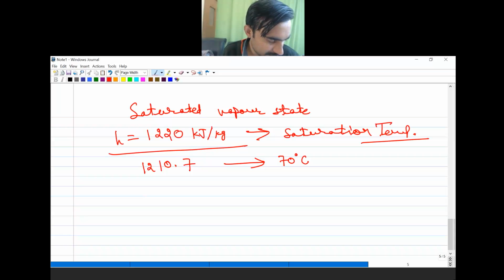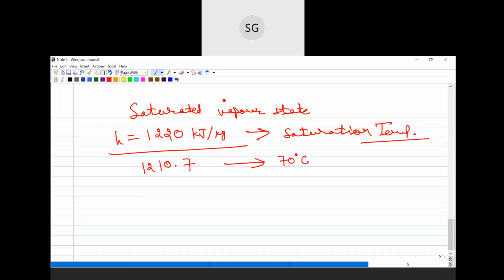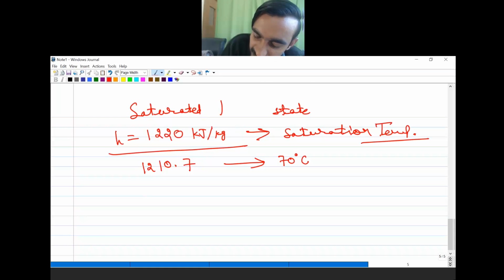Sir, it is saturated water, not saturated vapor state. It is written saturated vapor below enthalpy. Sir, see, across 70, it is 2626.1 in saturated vapor. Yes, sir. Sorry, I have written it wrongly. Let me write saturated liquid.